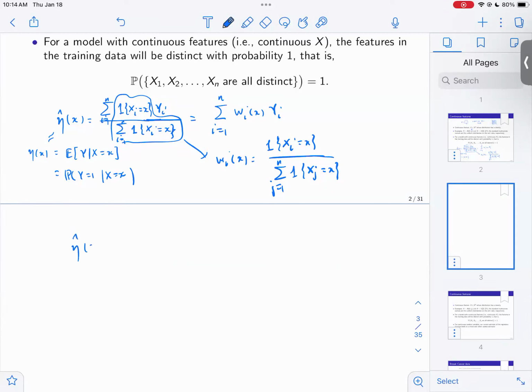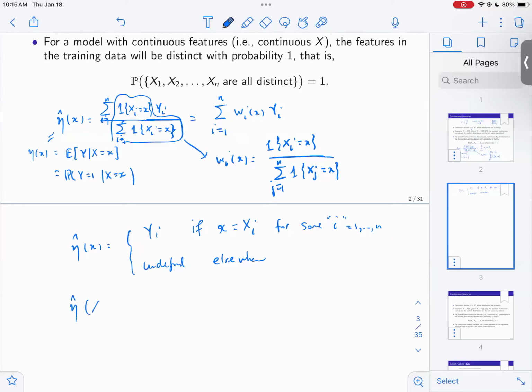In the continuous case, eta of x would be yi if x is equal to xi for some i from 1 to n in the training data, and undefined elsewhere. Basically, at all the training x's I predict the exact yi, and everywhere else I don't know what to do. So this has an interesting feature.